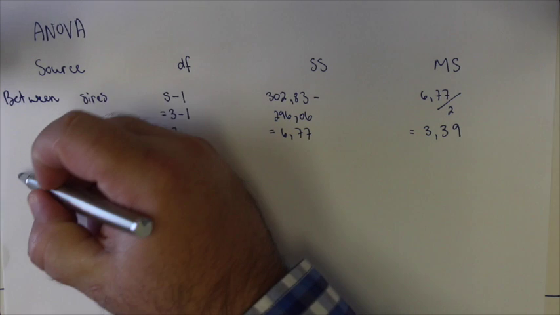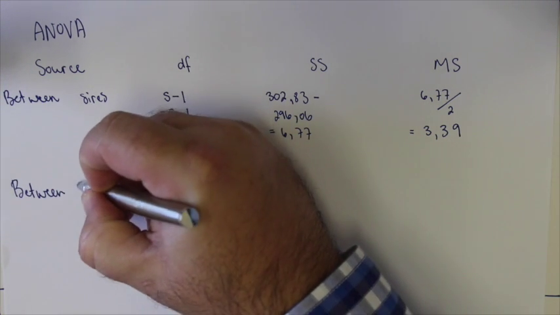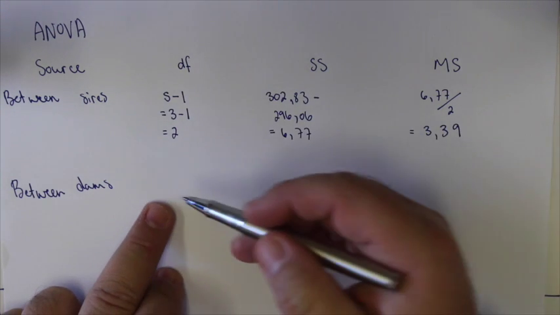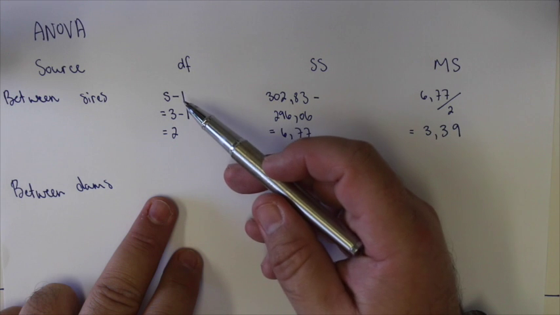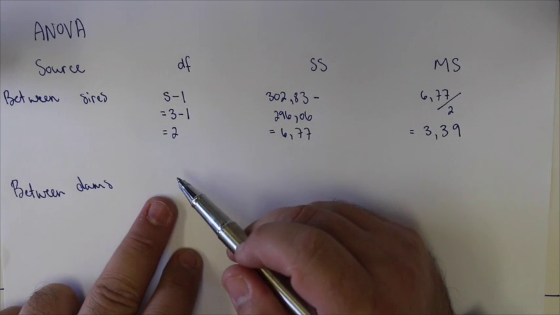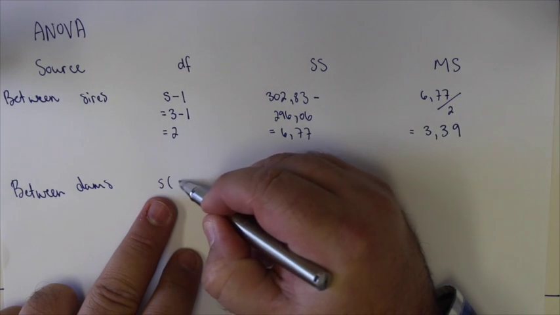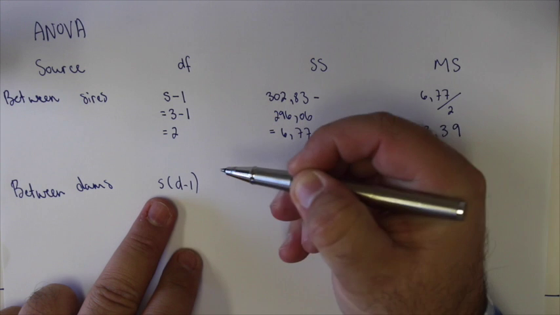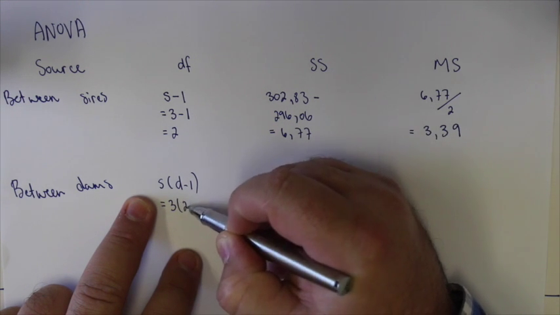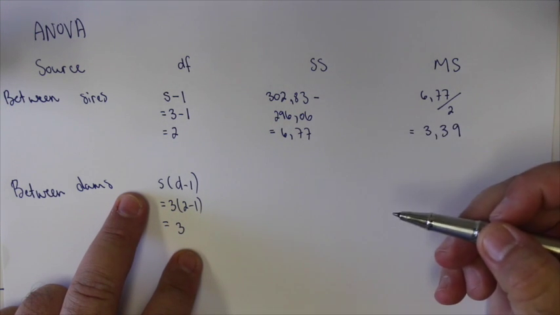Next, we have to look at between dams. Now remember, you have 3 sires and you have 2 dams per sire. So it's S times D minus 1. That gives you 3 times 2 minus 1, and that leads to 3.